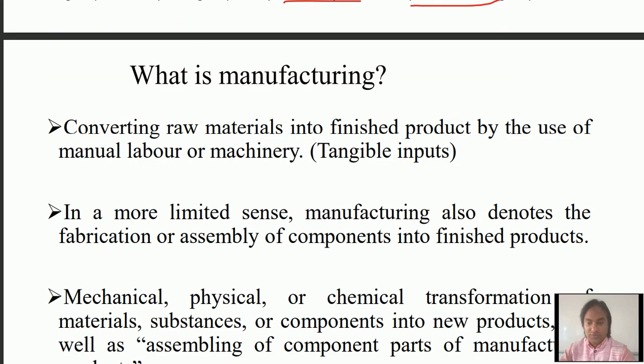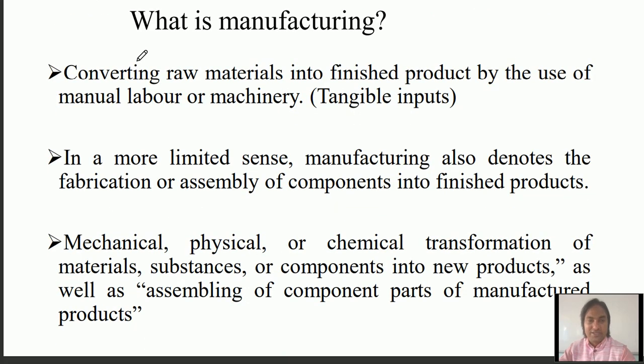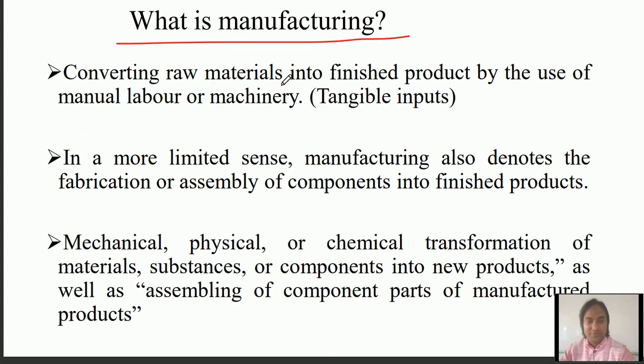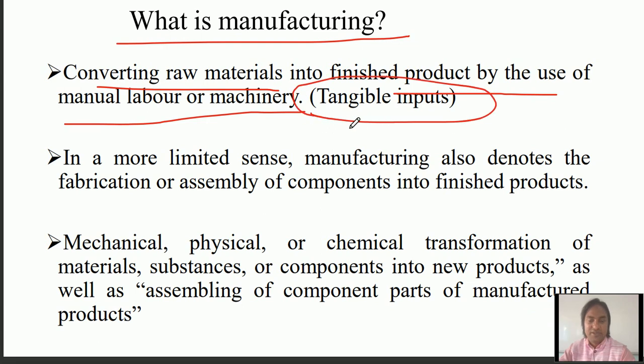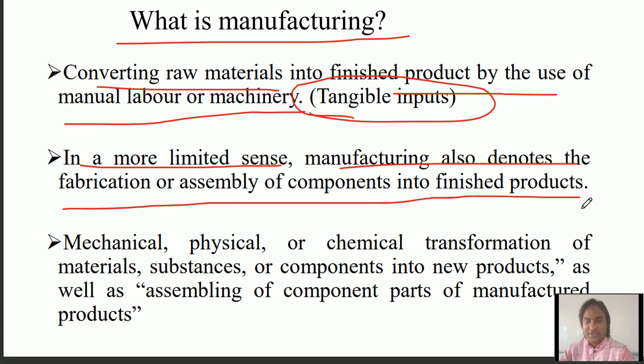So, what is manufacturing? Something different from 3D printing. Manufacturing is converting raw materials into finished product by use of manual labor or machinery. Tangible inputs. It means we are making some product that we can touch. In a more limited sense, manufacturing also denotes the fabrication or assembly of components into finished product.